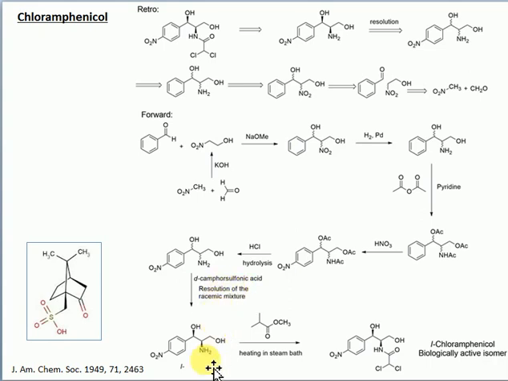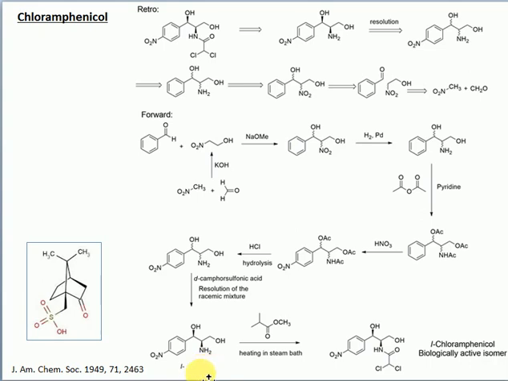So after obtaining the pure optically active L isomer, this L isomer is the isomer which is biologically active as an antibiotic agent.